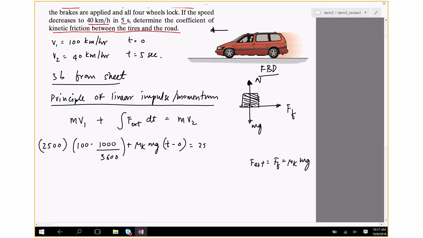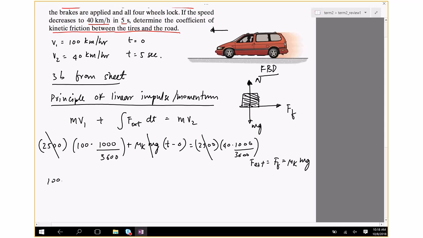So 2500 for the mass. Velocity is 40 kilometers per hour, so the same conversion. I could have just gotten rid of the mass as a factor.